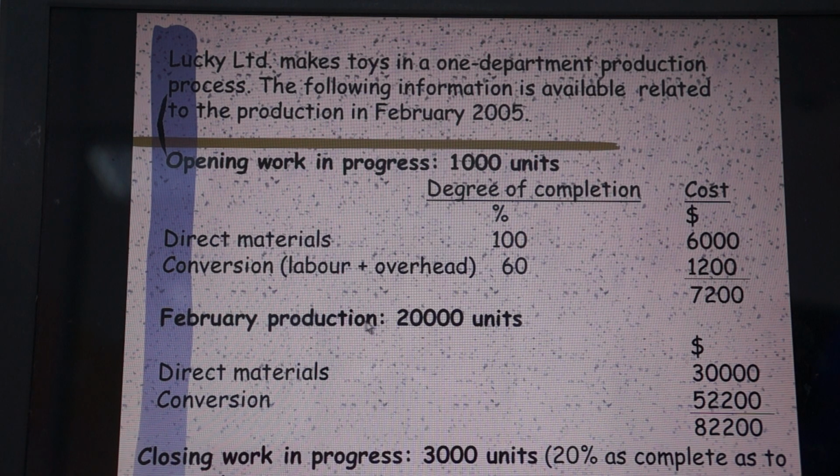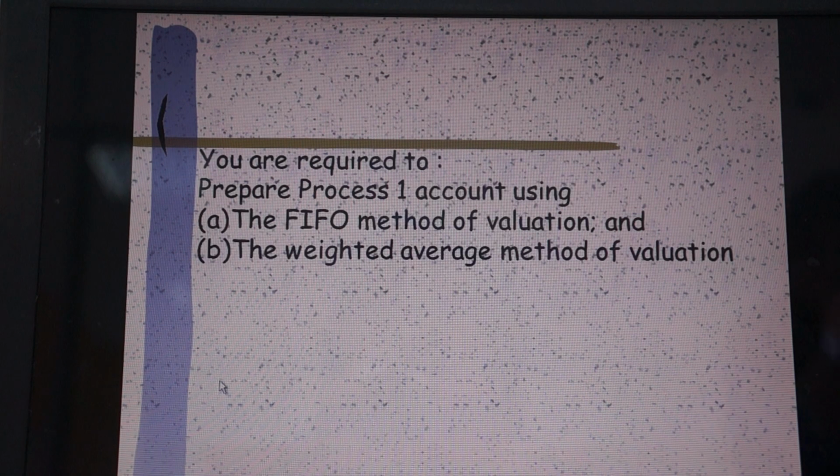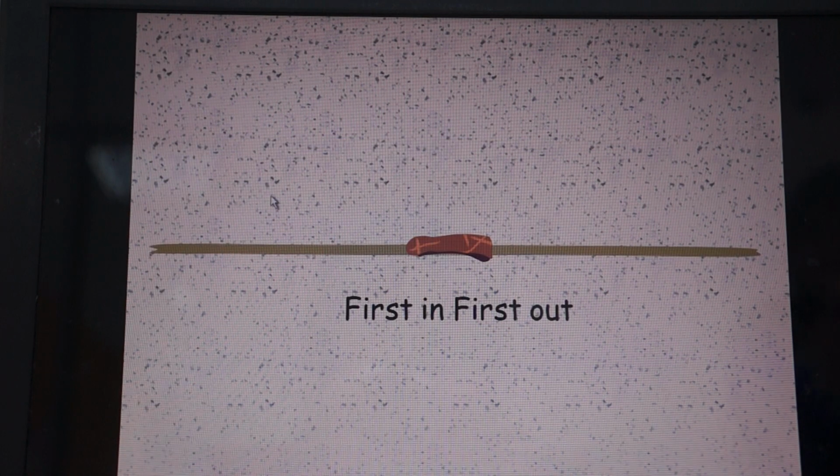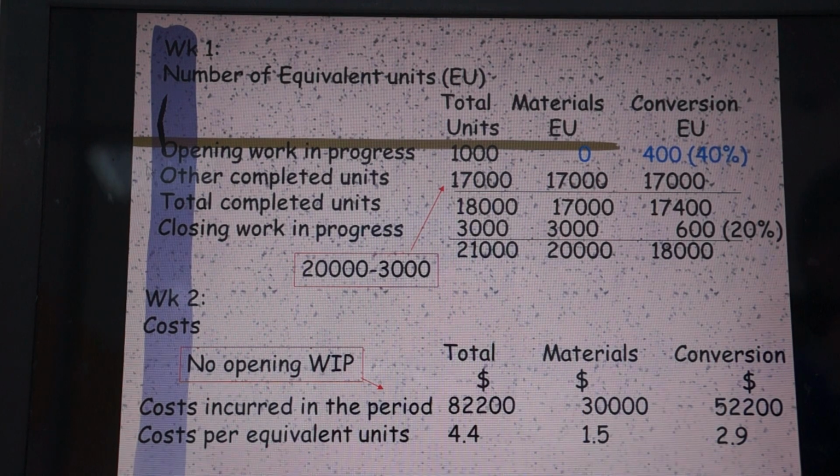In February production, 20,000 unit, direct material 30,000 cost, conversion is 52,200, and closing work in progress is 3,000 unit as 20% complete as the conversion. And you are required to prepare process 1 account using the FIFO method of valuation and weighted average method. First, we look at the first in, first out.